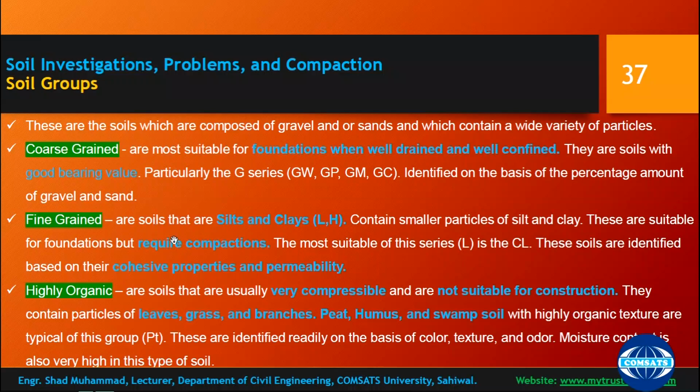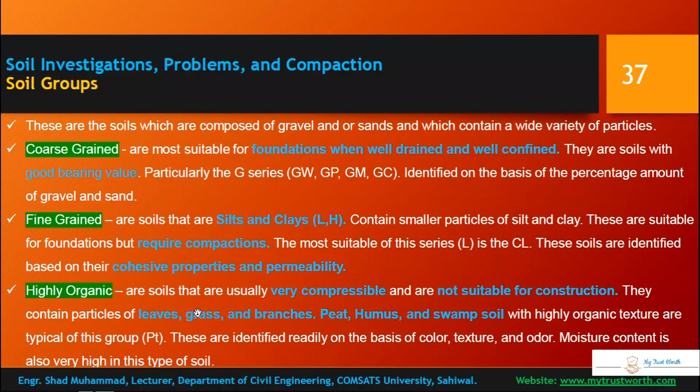Okay, fine grained soils are silt and clay, and contain smaller particles of silt and clay. They are suitable for foundation but require compaction. So they are quite expensive soils, requiring quite a lot of compaction, and the most suitable series is CL, and these soils are identified based on their cohesive properties and permeability. So they are classified on the basis of cohesion and permeability.